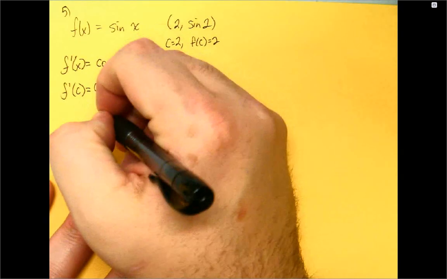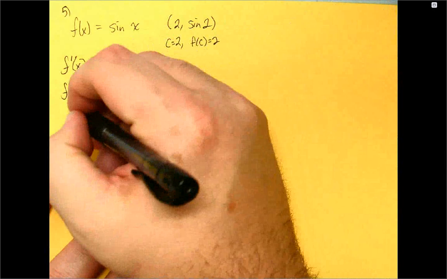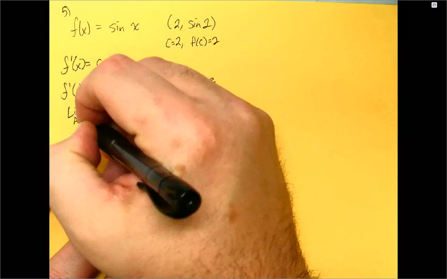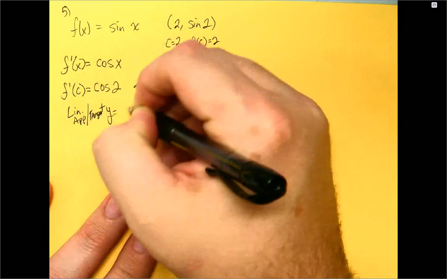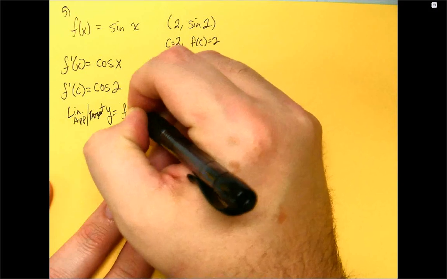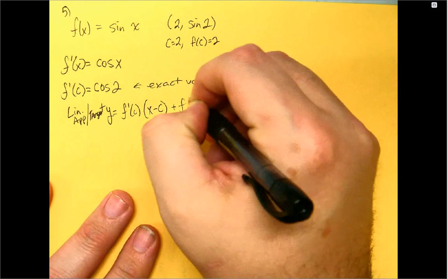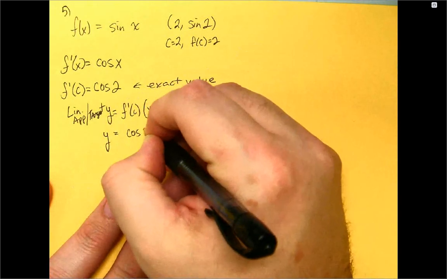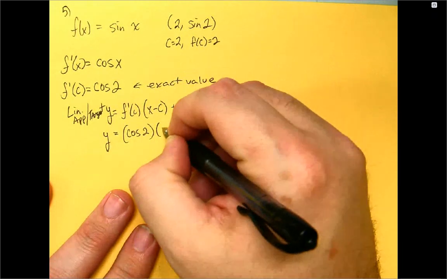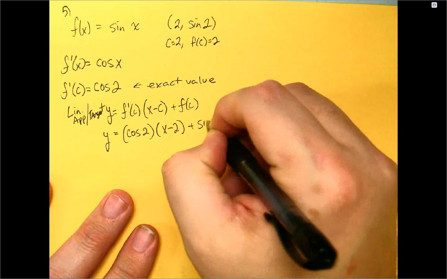And now that we want f, or y, this is going to be our linear approximation slash tangent. Y is equal to f prime of c times x minus c plus f of c. So y is going to be equal to the cosine of 2 times x minus 2 plus the sine of 2.